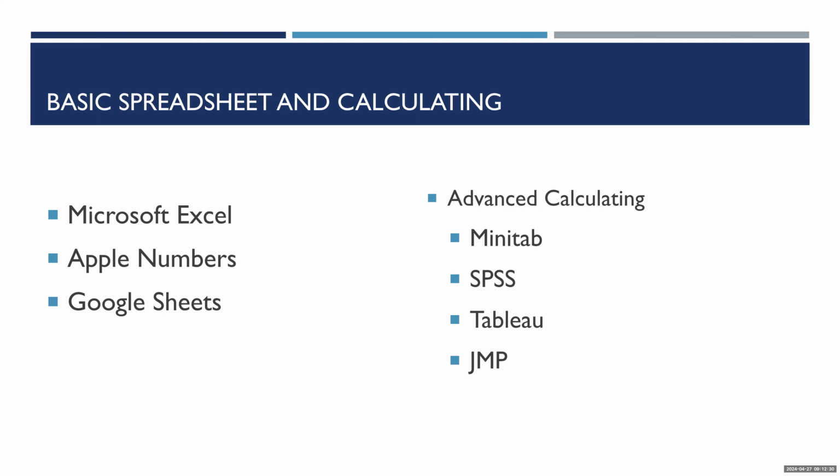USI offers licensing for Minitab, so that is the most common software used here at USI. SPSS was created by IBM. It's extraordinarily robust and has great capabilities. It's a little harder to learn than Minitab, but you might find that in industry. Tableau and JMP are web-based platforms that oftentimes a single user doesn't have to pay anything for them if they're using the web interface.